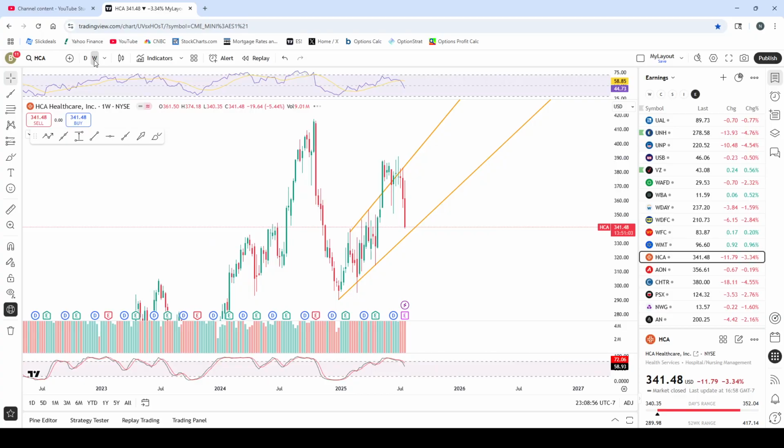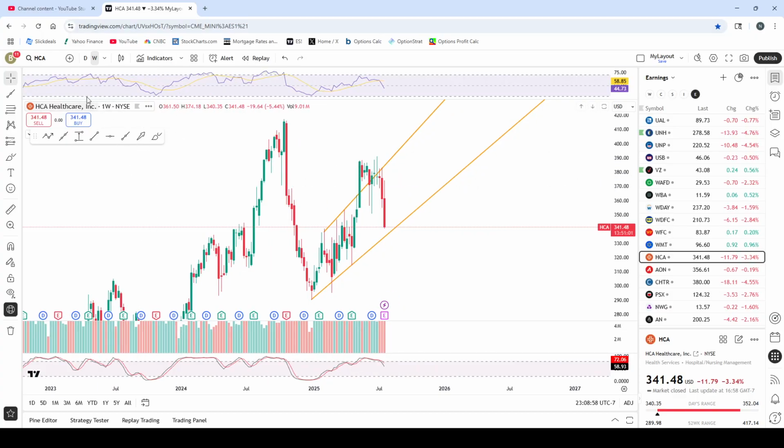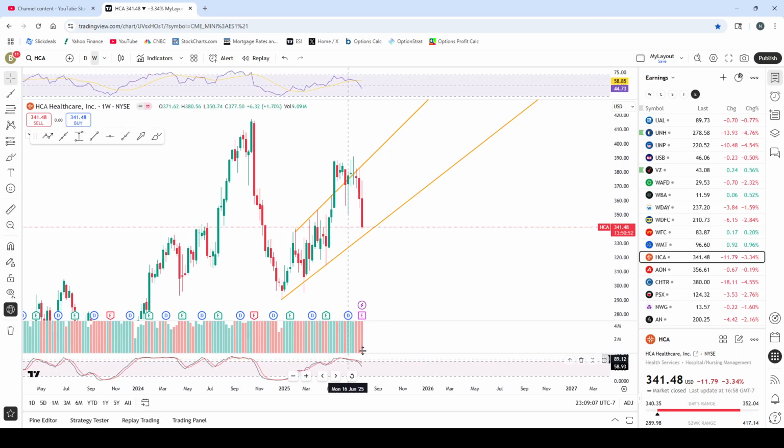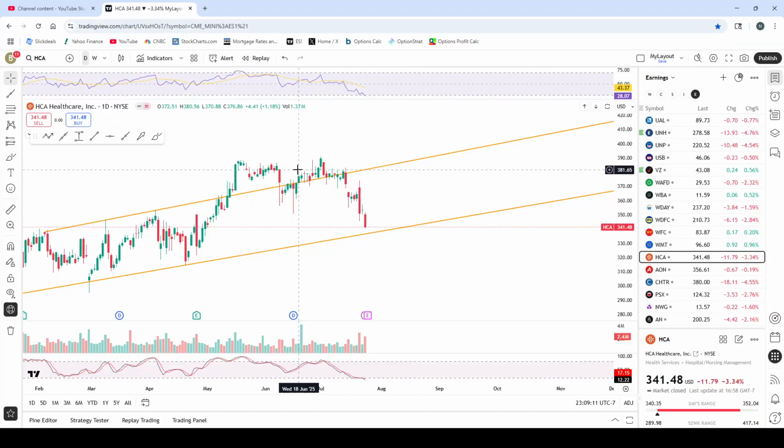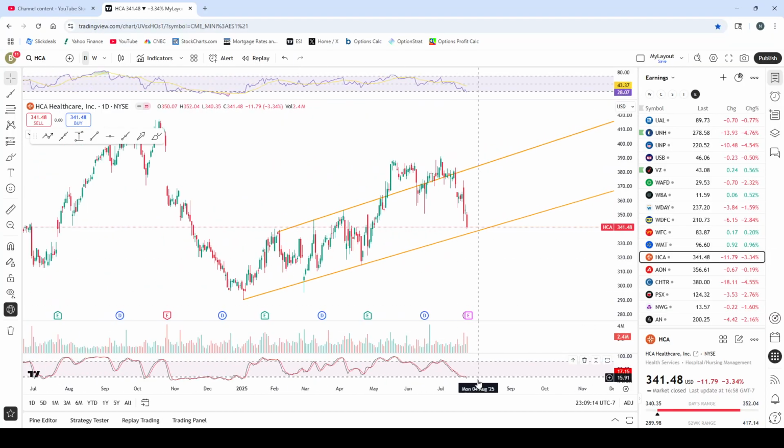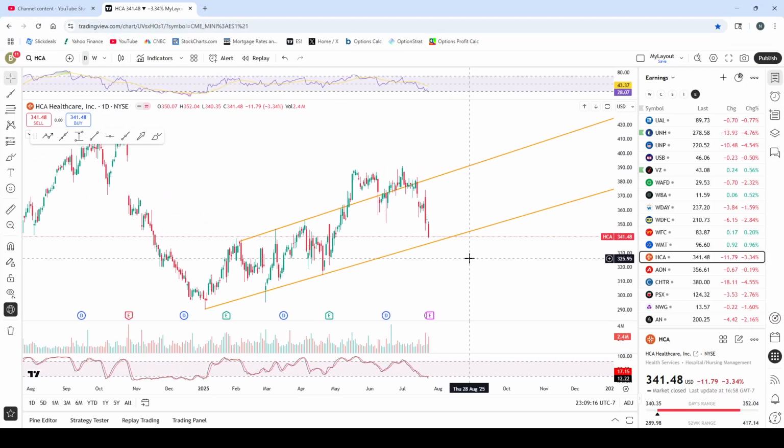That means when I switch to weekly, which for me is more mid-term than long term, we will see it's a little bit overbought, right? Now for short term, which is daily, we can see it's oversold.